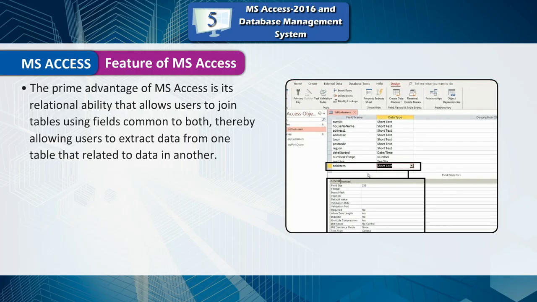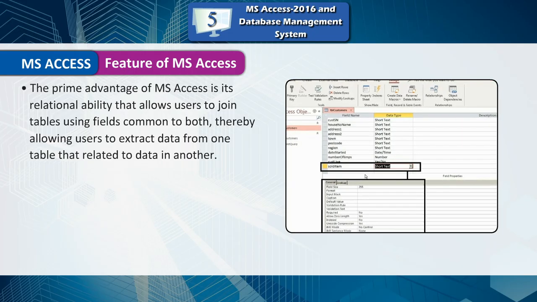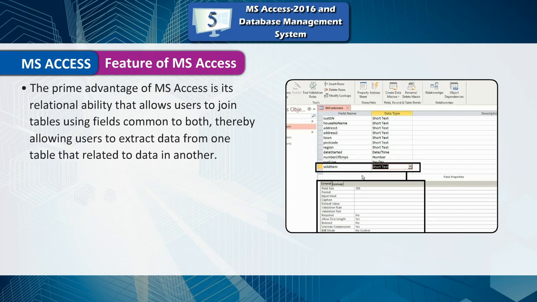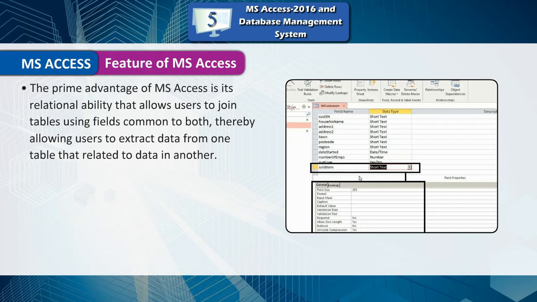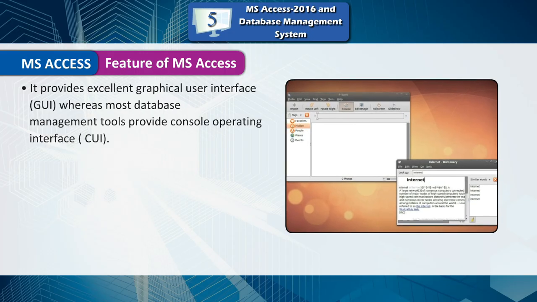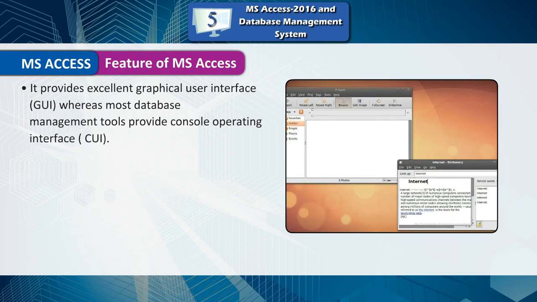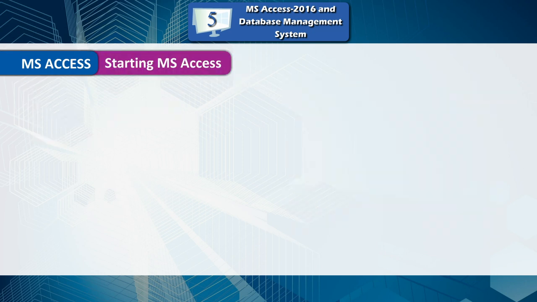The prime advantage of MS Access is its relational ability that allows users to join tables using fields common to both, thereby allowing users to extract data from one table that is related to data in another. It provides an excellent graphical user interface (GUI), whereas most database management tools provide a console operating interface (COI).